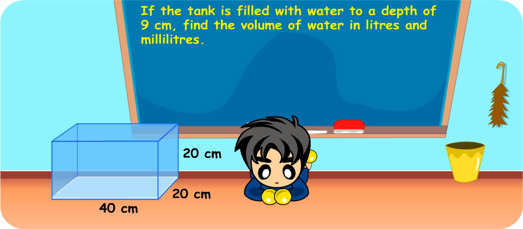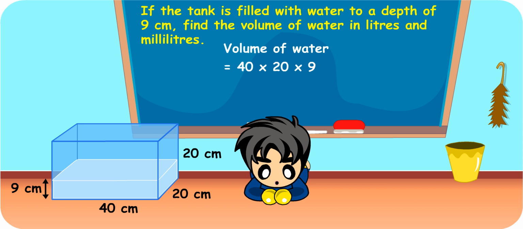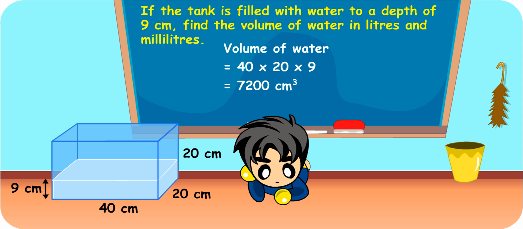If the tank is filled with water to a depth of 9 centimeters, find the volume of water in liters and milliliters. As the water level is 9 centimeters, the volume of the water is 40 times 20 times 9, which is equals to 7,200 cubic centimeters.